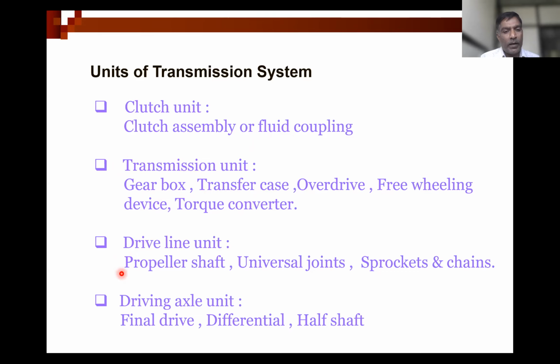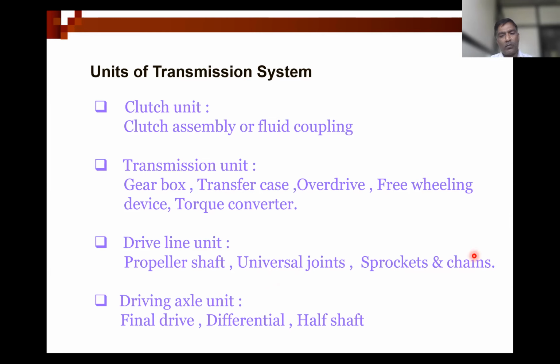Then what are the driveline units? This may be asked for MCQ, and this may be asked for the GATE as well. So what are the transmission units? You should remember this. Driveline units consist of propeller shaft, universal joint, sprockets, and chains.